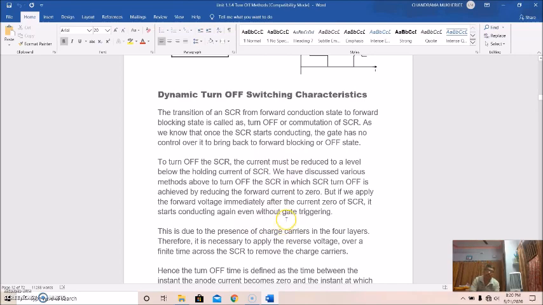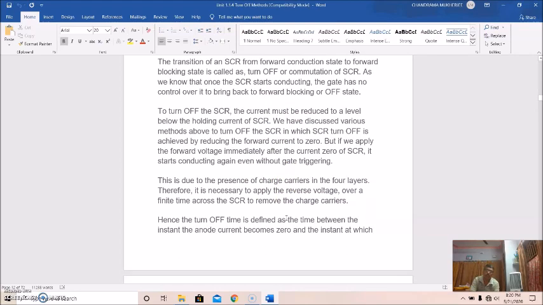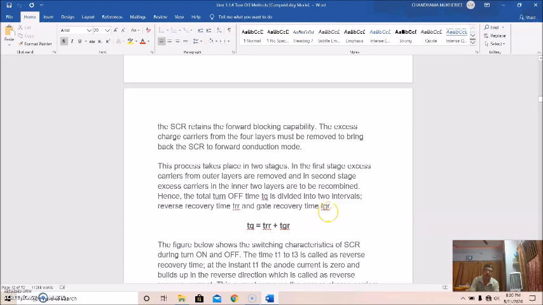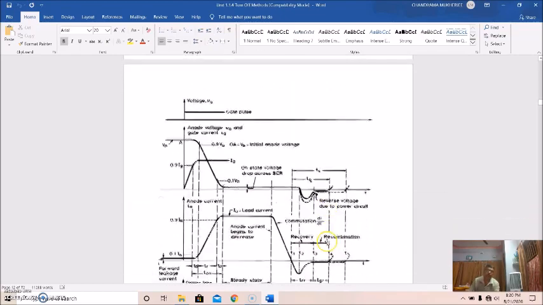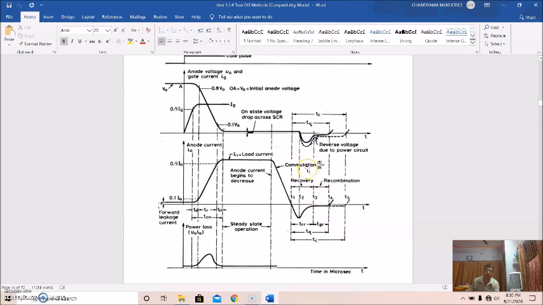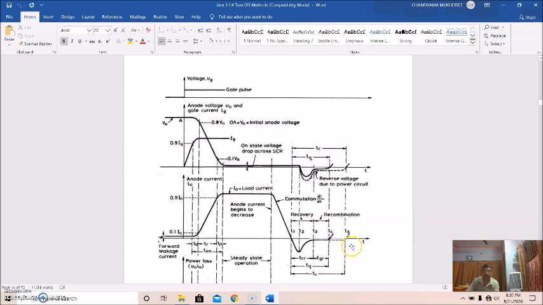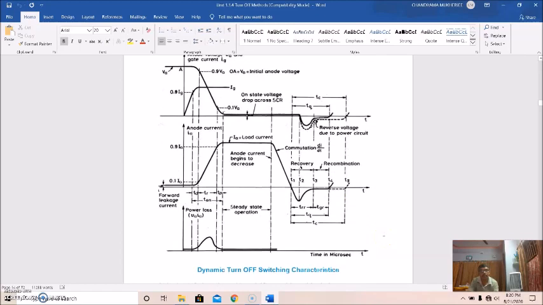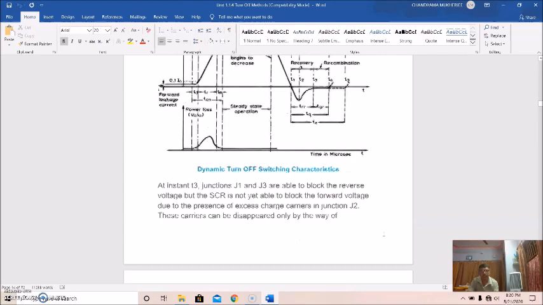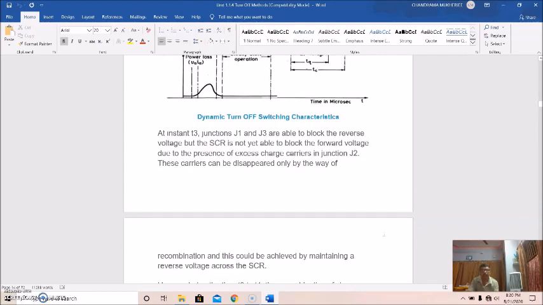So the entire process has its timing: reverse recovery time, gate recovery time, etc. These are all depicted nicely in these figures. If you go through these figures, it will be easier for you to understand the subject.